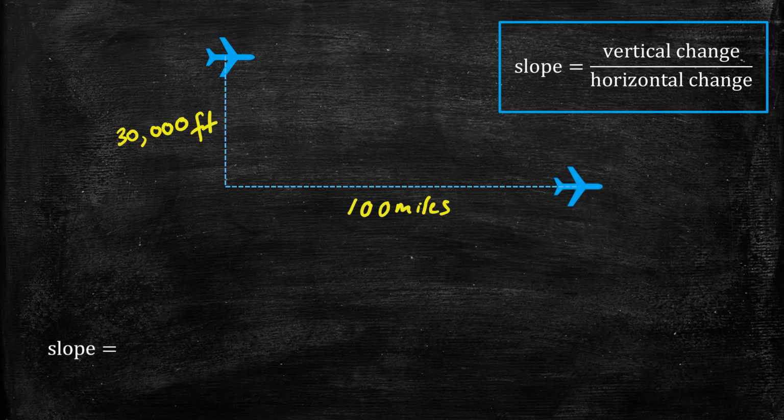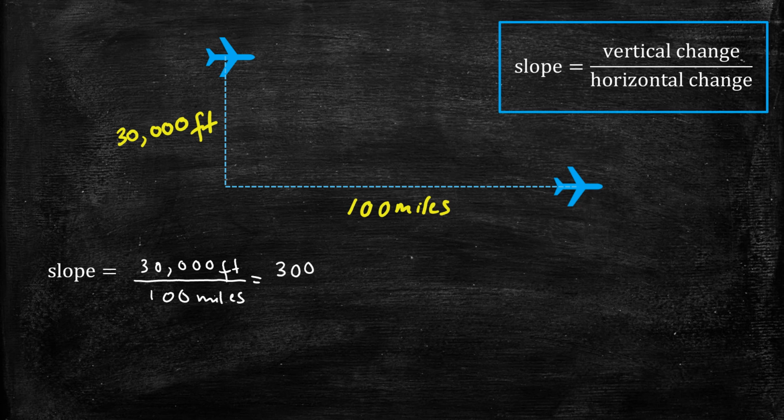So in this case, we see that the vertical change is the 30,000 feet. So if we take 30,000, I'm going to just keep the units with it, 30,000 feet per every 100 miles, that defines the slope. And we can simplify that, dividing top and bottom by 100, so 300 feet for every 1 mile.